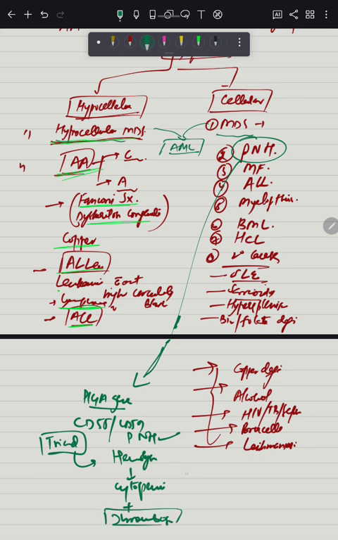So the patient can present with pancytopenia, and when you do routine urine examination, you will see that the dipstick blood is positive, but RBCs are absent.